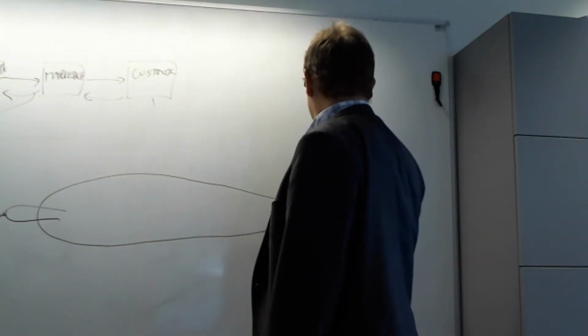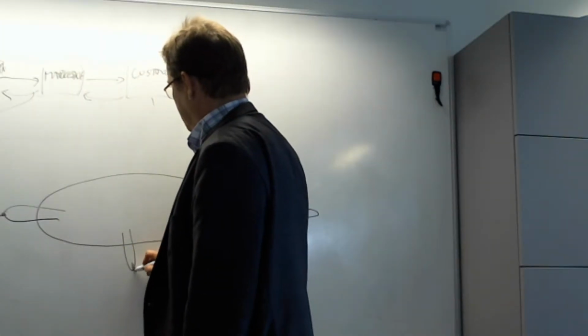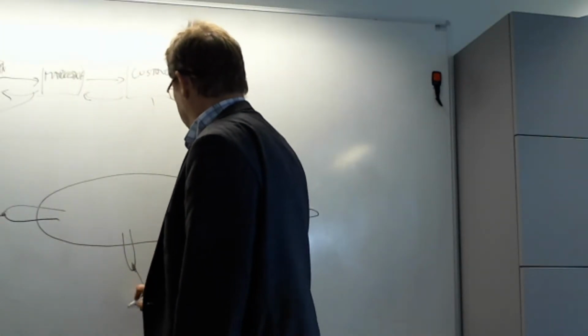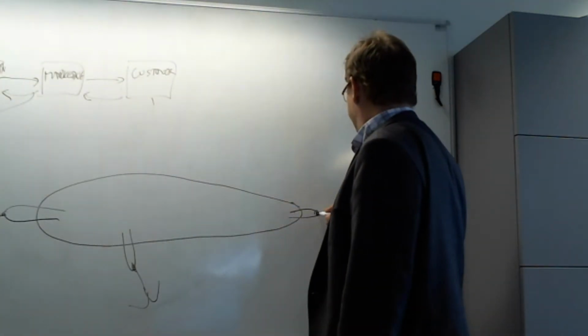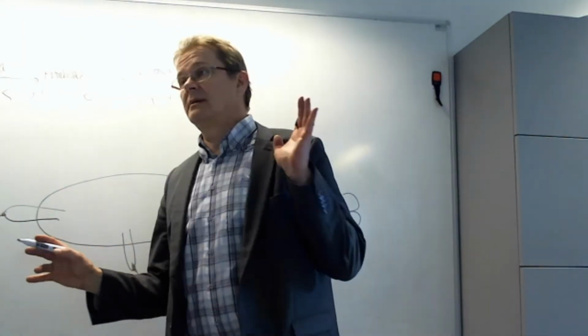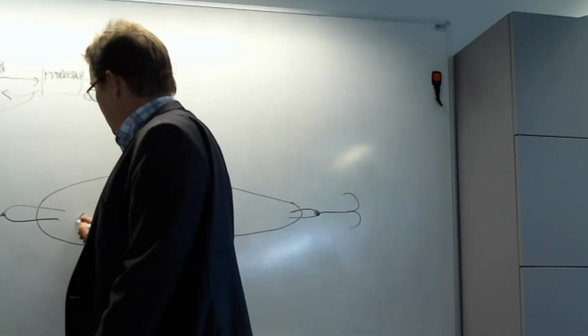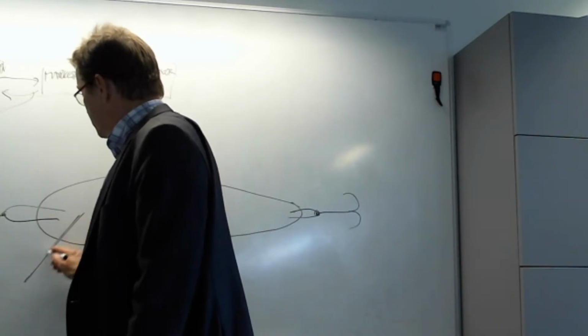Then it must have something to hold the hooks. These are holding the hooks. Okay. Then what makes this one wobble is a plate like that on the front.